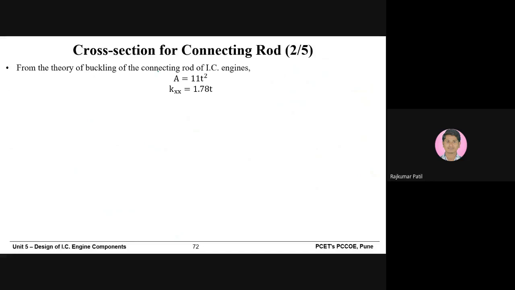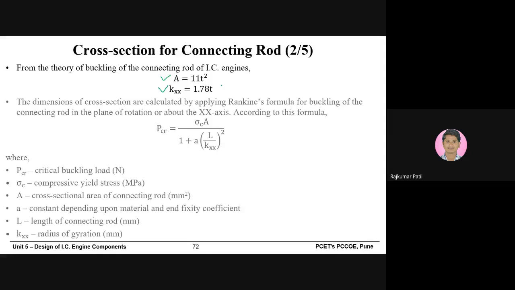Again, we saw these two equations previously in the theory of buckling. So again, we will use these two equations. So the dimensions of cross section can be calculated by using Rankine formula for buckling of the connecting rod in the plane of rotation about x-axis.